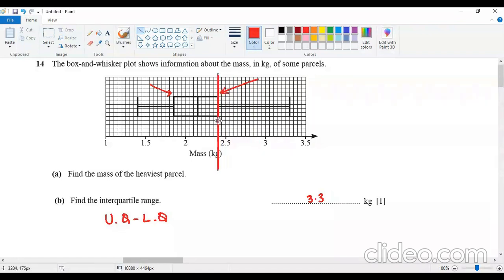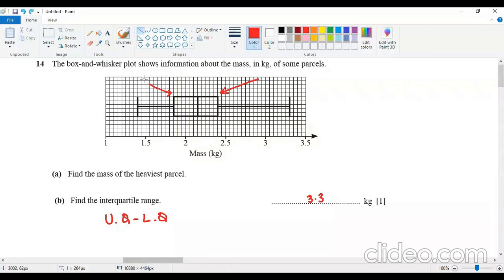So this value is 2 point, let me count, 2.1, 2, 3, and 4. And this one is 1.85.